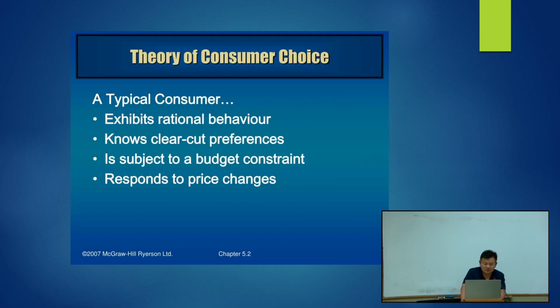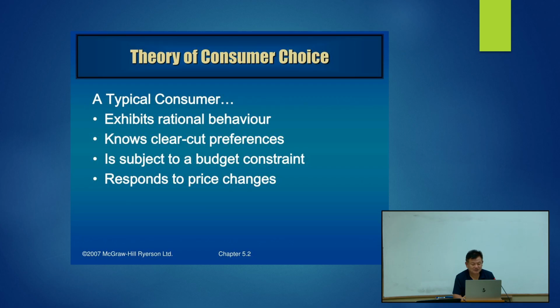Also the theory of consumer choice defines the typical consumer as exhibiting rational behavior. But in most cases people do not follow rational behavior. So microeconomics studies rational behavior deeply, the consumer behavioral theory. Also the consumer has clear-cut preferences.